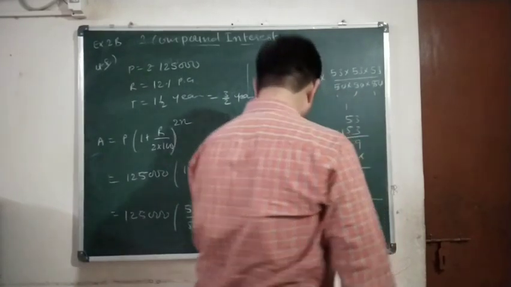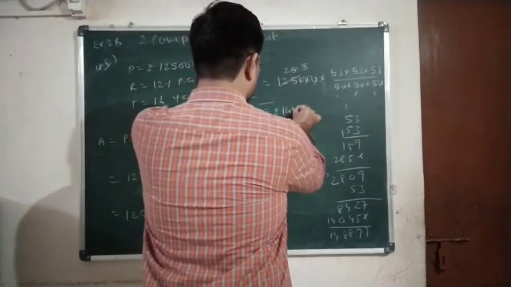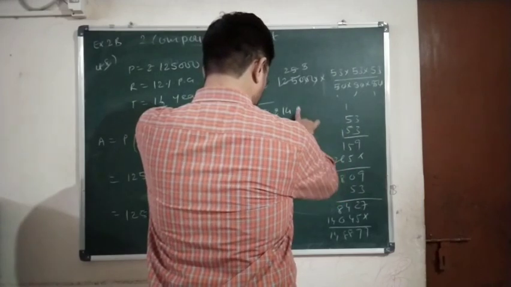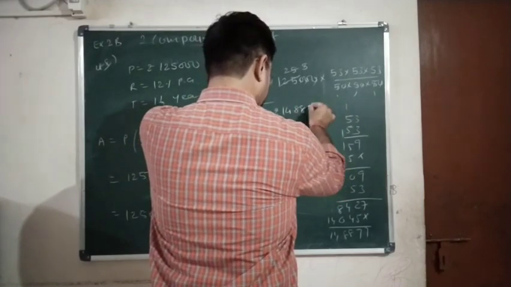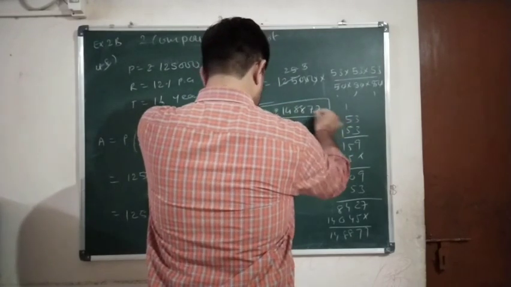Okay, so this is the right answer. Amount is rupees 148877. Okay, this is the amount.